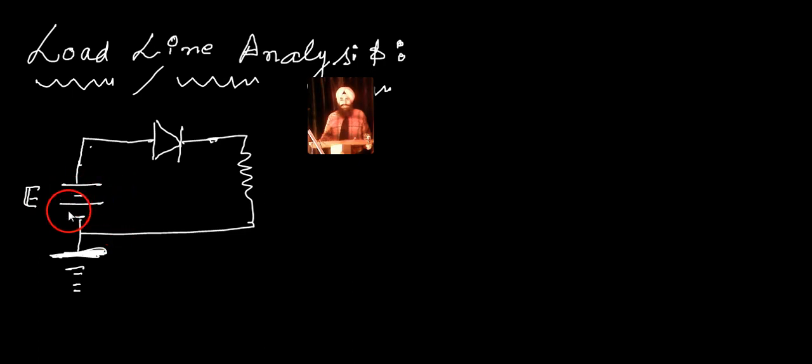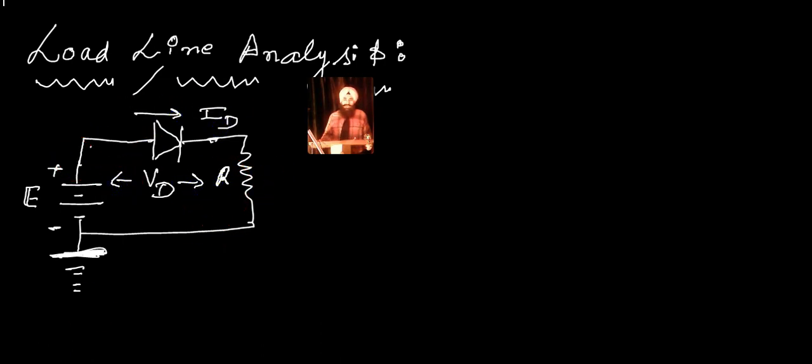Now, the potential of the battery is big E, positive, negative. Now, what happens when the current flows and it passes through the PN junction diode? Then a voltage develops across the PN junction diode, and that voltage we call VD.